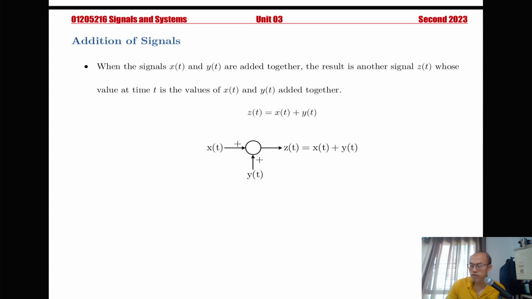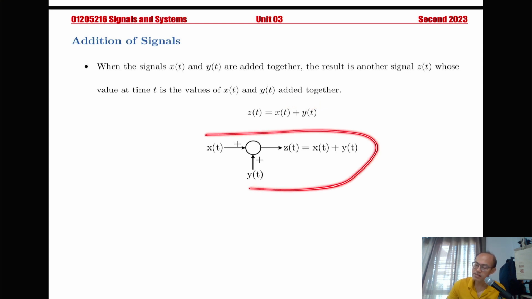And the value of the signal z would be the value of the signals x and y added together at the same time. Suppose we are evaluating the value of the signal z at time 0, then we have to plug in time equal to 0 in both x and y, obtain those values, and then add those values together, and the result from the addition will be the value of the signal z at time 0.